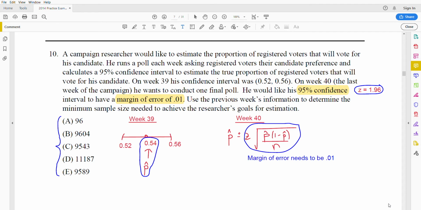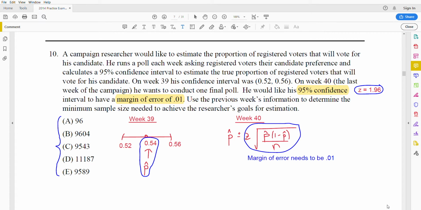Now let's test out choice C, which is 9543. And look at that. When I use that sample size, the margin of error is 0.009999, which is almost as close as you can get to 1%, 0.01. So C is a better choice than B. Let's test out D just for the sake of it.